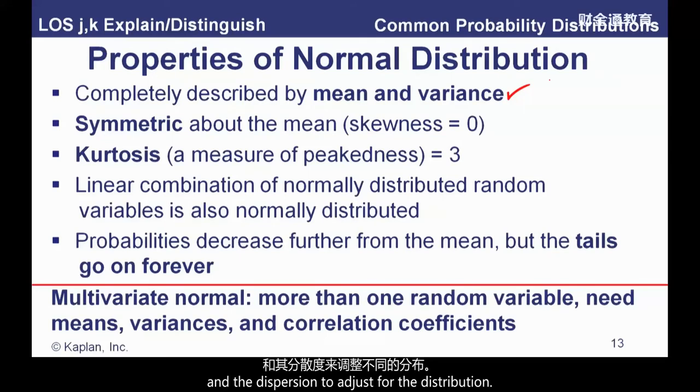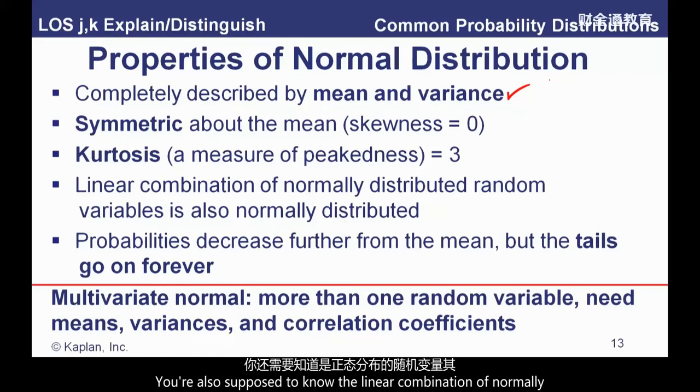You're also supposed to know that a linear combination of normally distributed random variables is also normally distributed.